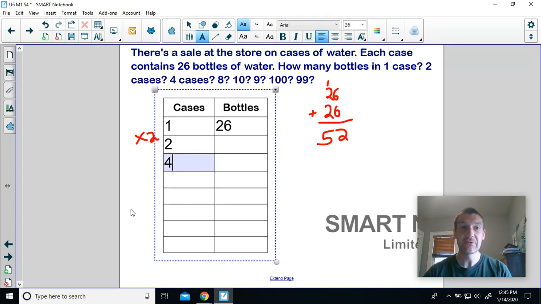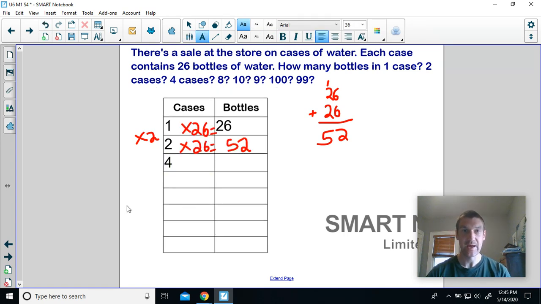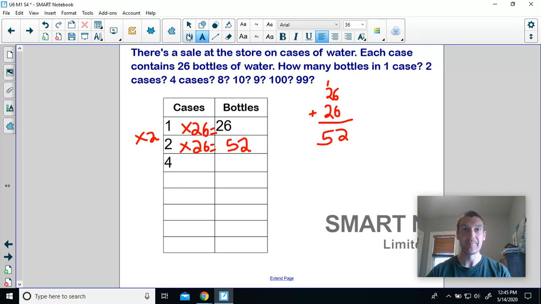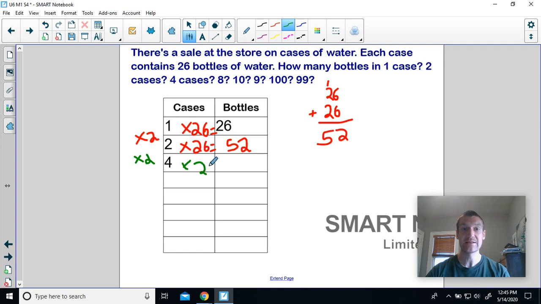Okay. Let's move on to the next one. How many in 4 cases? Now take a look. Again, we're doubling. To go from 2 cases to 4 cases, that's twice as many cases. So again, I could multiply by 26, or I could double my 52. It gets twice as big from 2 cases to 4 cases.